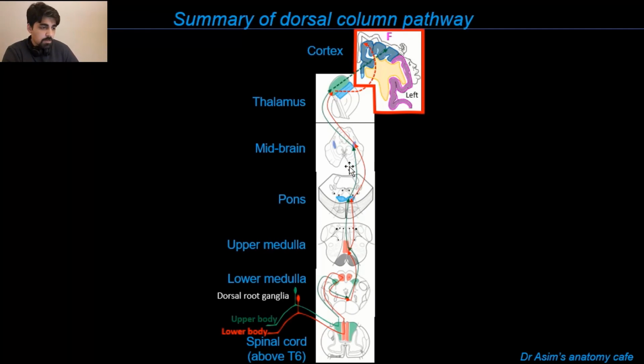These then reach eventually the thalamus, where the sensory information is going to be relayed, and the cell bodies of the third order neurons will be situated over here, which are known as the VPL nucleus. These neurons, which are now the thalamocortical projections, are then going to be projected to the primary sensory cortex, where the conscious perception of that information begins to happen.